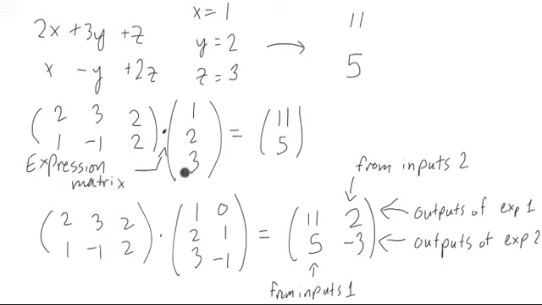The next matrix can be thought of as the input matrix, which represents inputs that you're plugging into your expressions. The expressions are always written out in rows. The inputs are represented in columns. In this particular example, there's only one set of inputs being plugged in, but it's put in as a column.